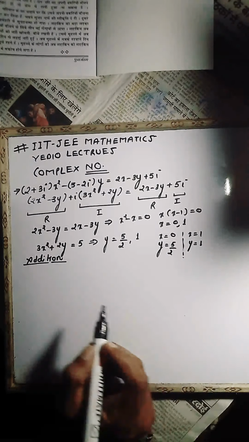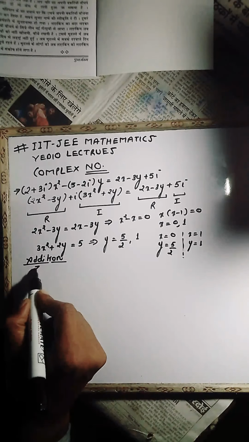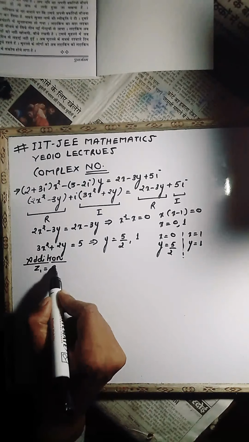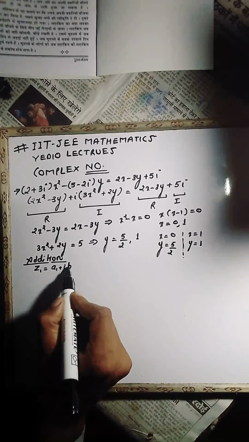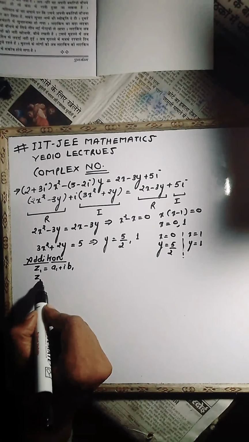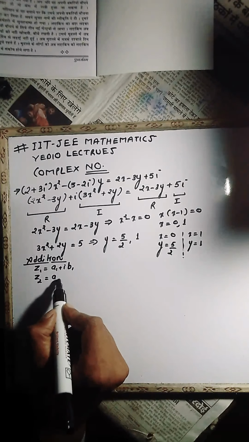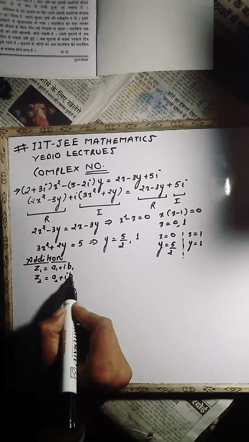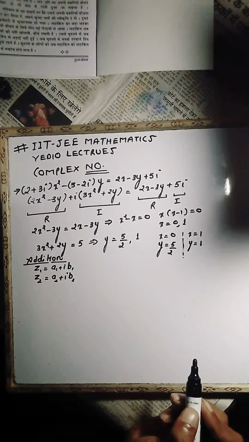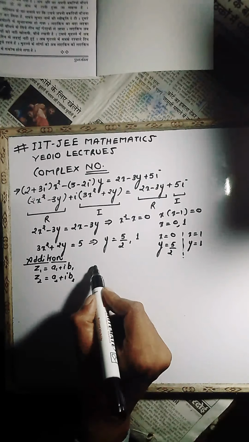In the addition, if we add z1 equals a1 plus ib1 and z2 equals a2 plus ib2, so now add z1 and z2.